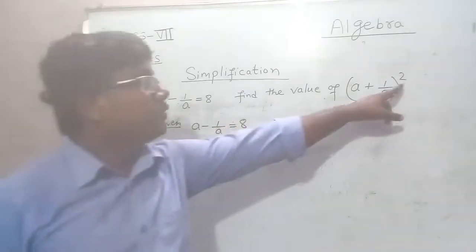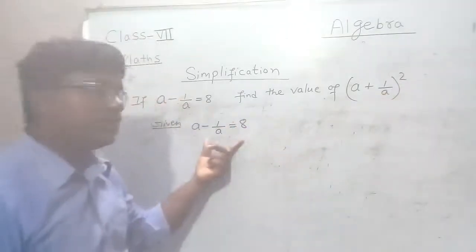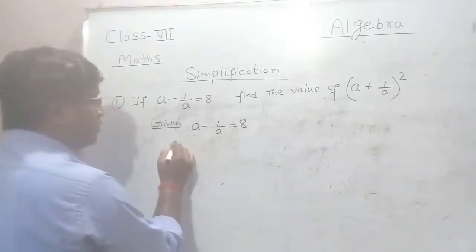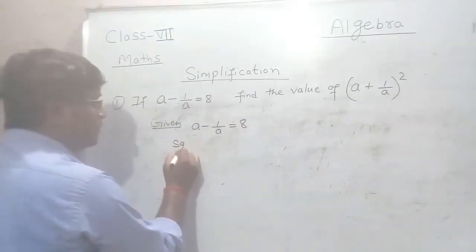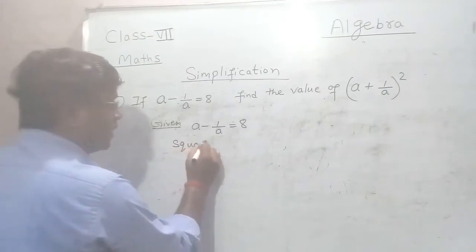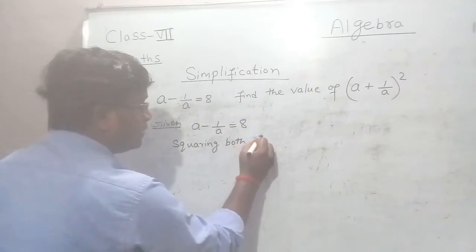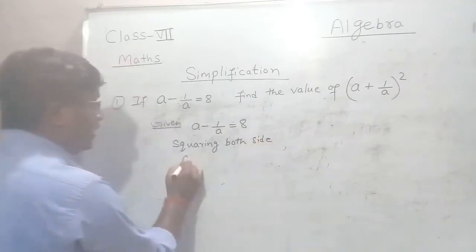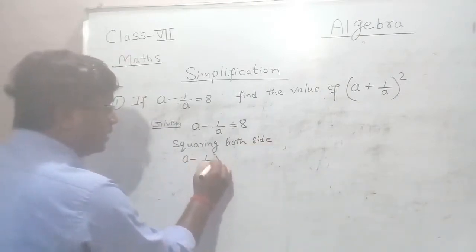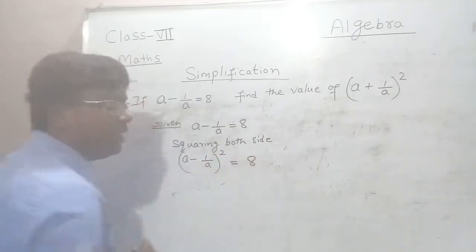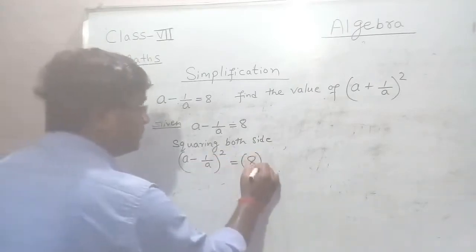So here whole square is there, so here also we will take whole square. Squaring both sides, what we will get here? (a minus 1 upon a) whole square is equal to 8 whole square.